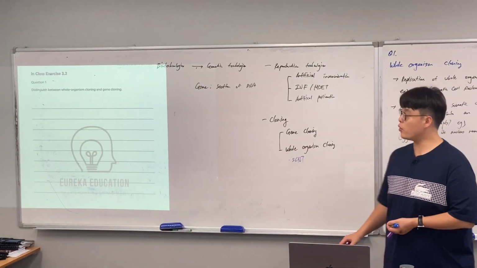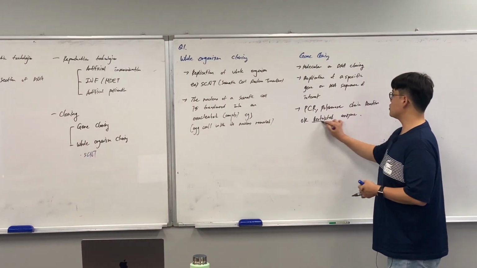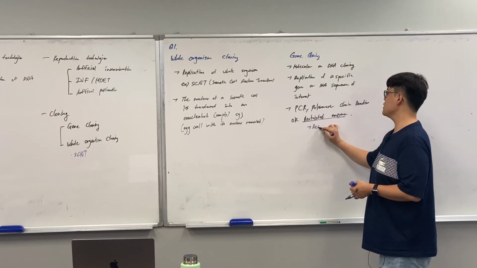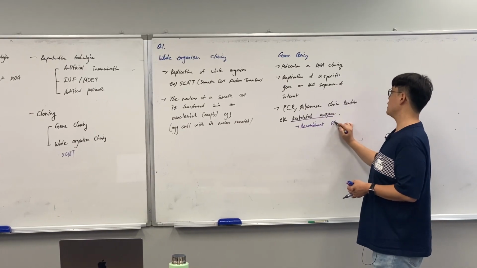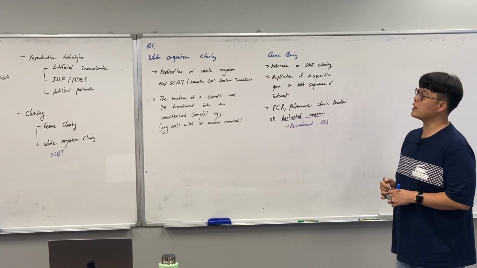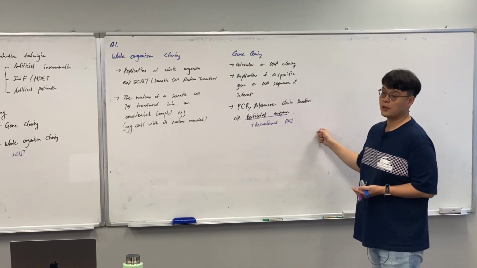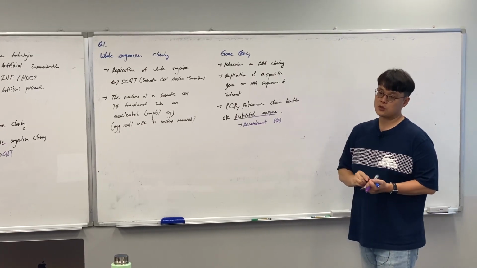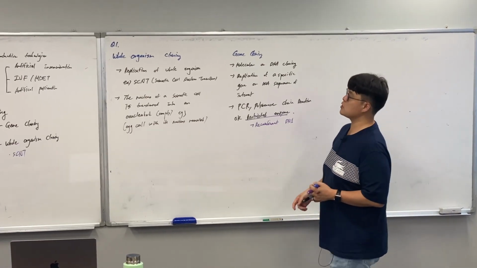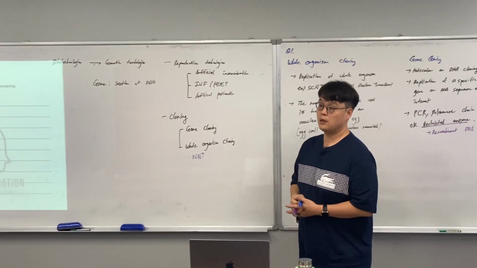We're going to discuss more about those techniques later on. This is also related to recombinant DNA. We're going to discuss that further in the next chapter today. This is very important. You need to memorize the recombinant DNA process too. And sometimes you need to know the process of whole organism cloning, which is SCNT.